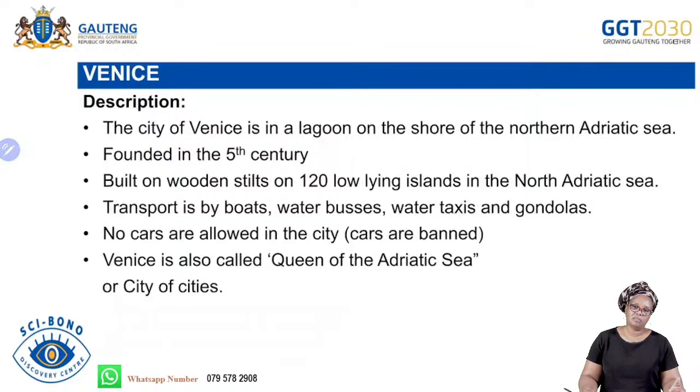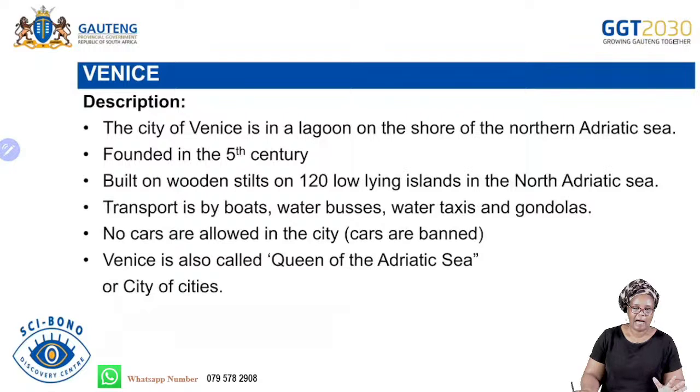Description of this city, the icon, Venice. It is found in the lagoon on the shore of the northern Adriatic Sea. It was founded in the 5th century. That's when they found this.